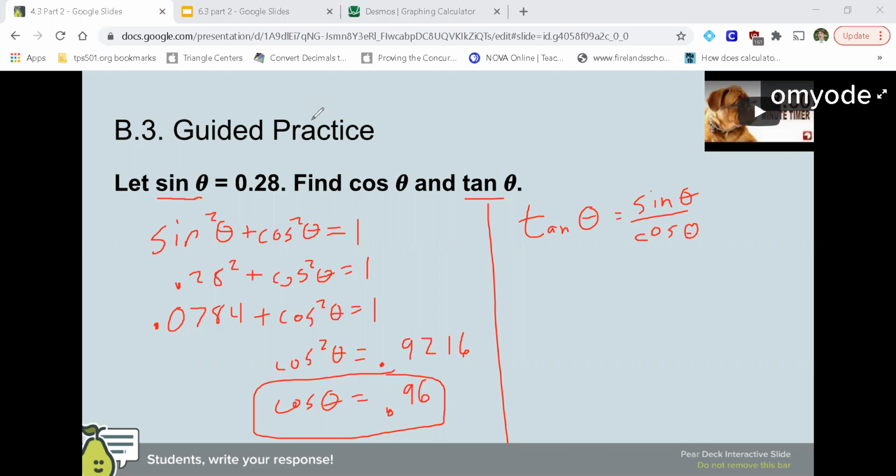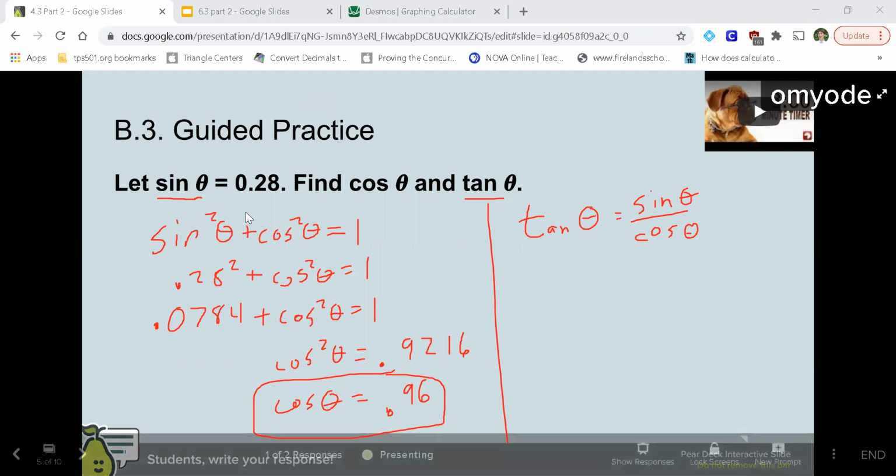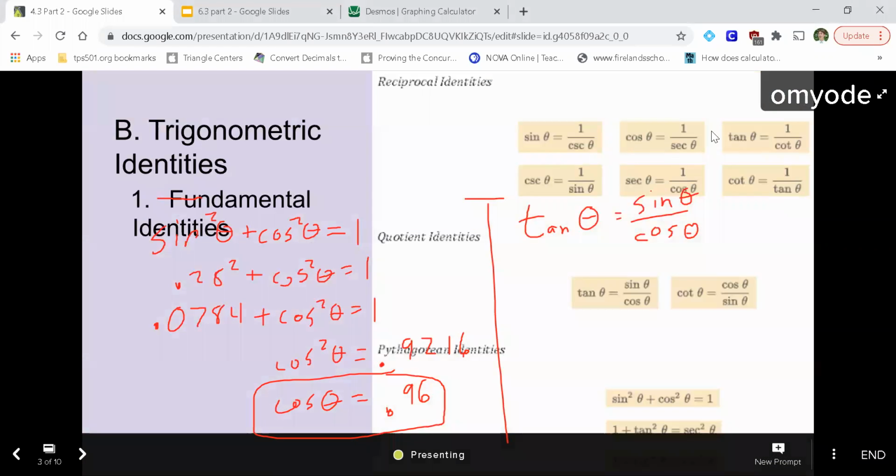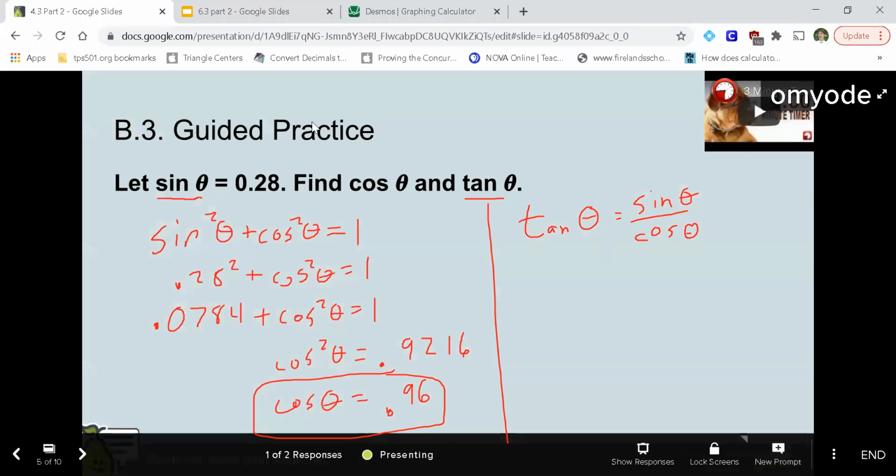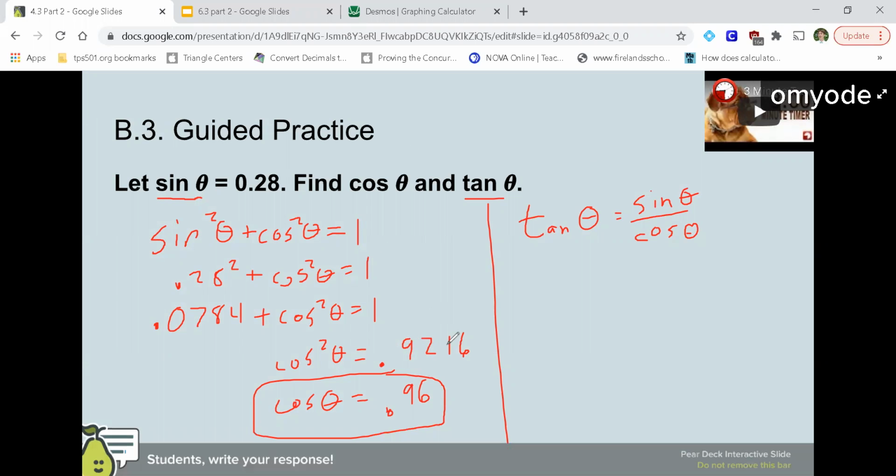I always say there's not that many of them, but the reciprocal ones are pretty straightforward. So there's really only 5 that we're really going to be using a lot, at least in terms of, I give you one, tell me what the others are. I will tell you, it does get worse. We end up filling a whole sheet with the different identities.